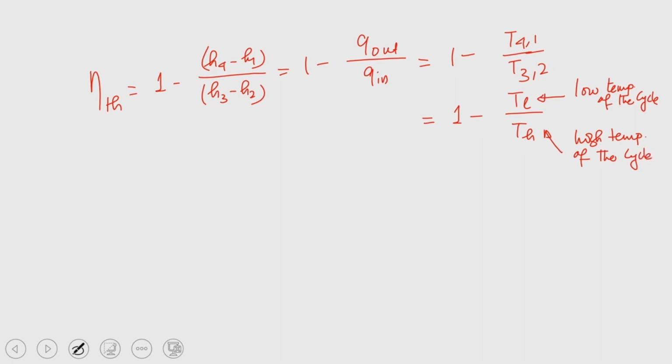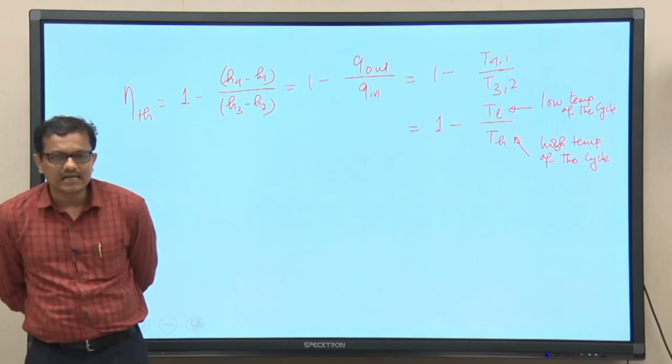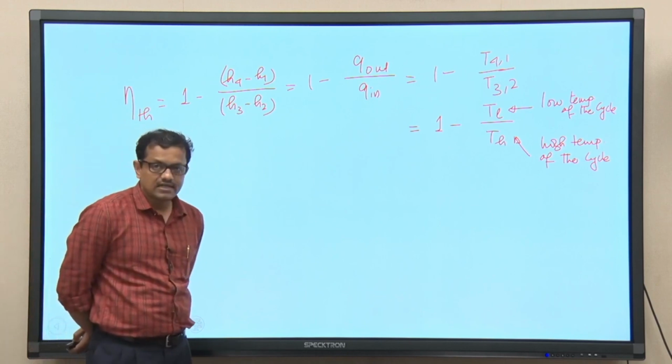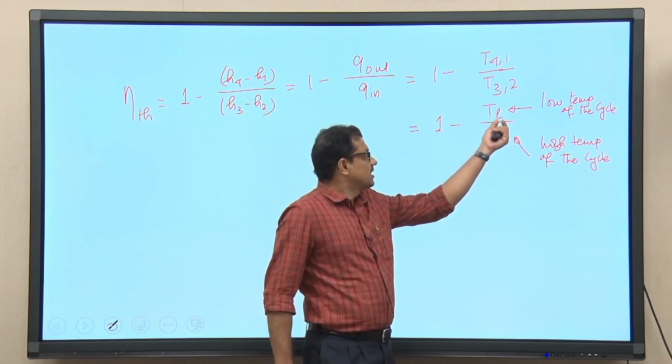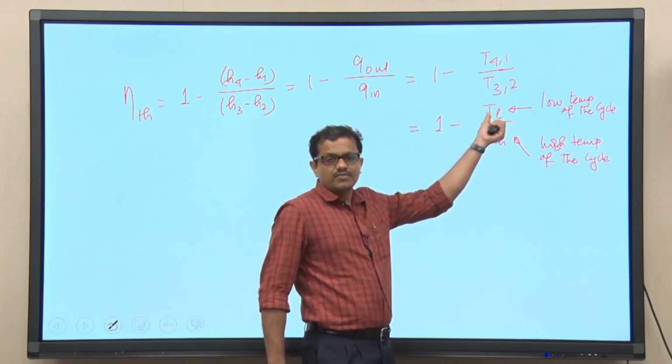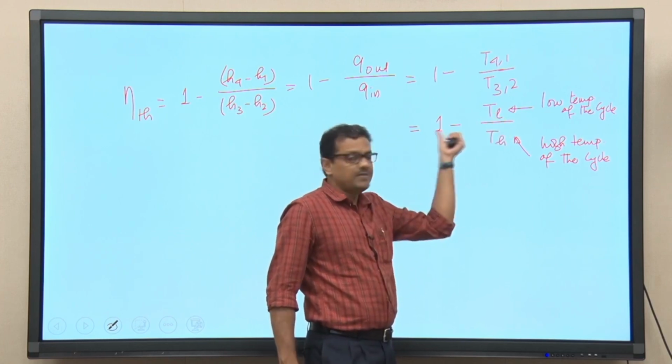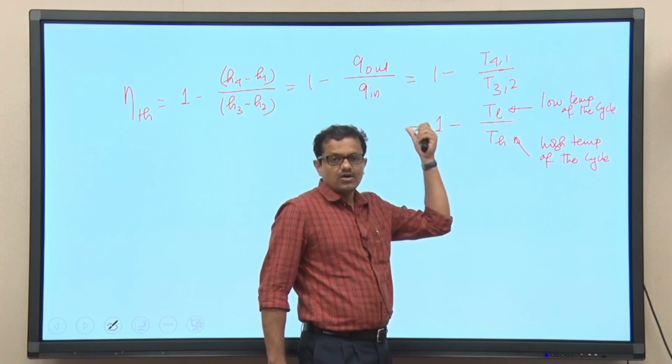So, try to understand, even though it is an ideal cycle, what we can understand from this expression is that if we reduce the low temperature part of the cycle, then efficiency can be increased.